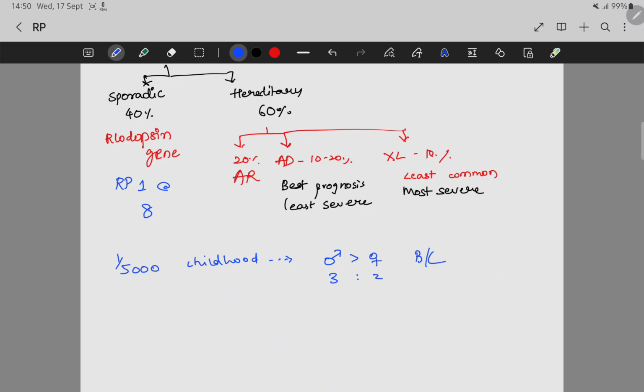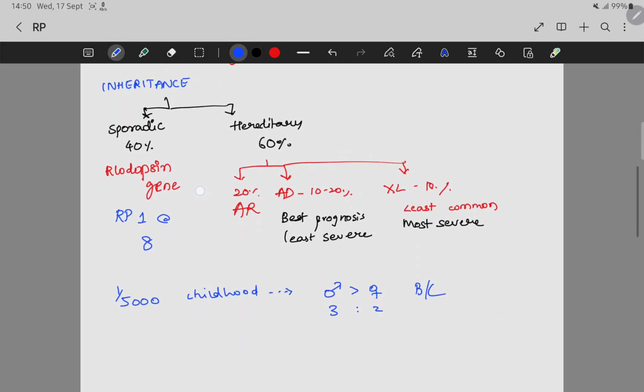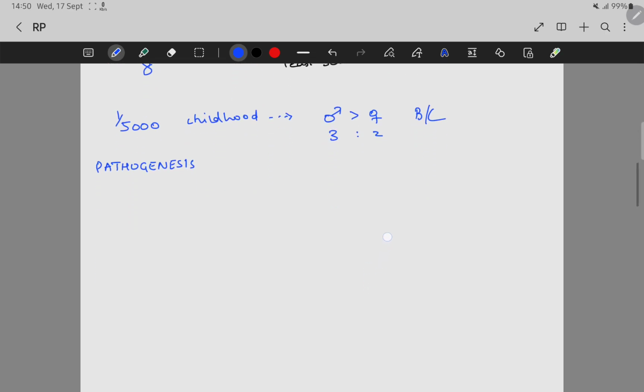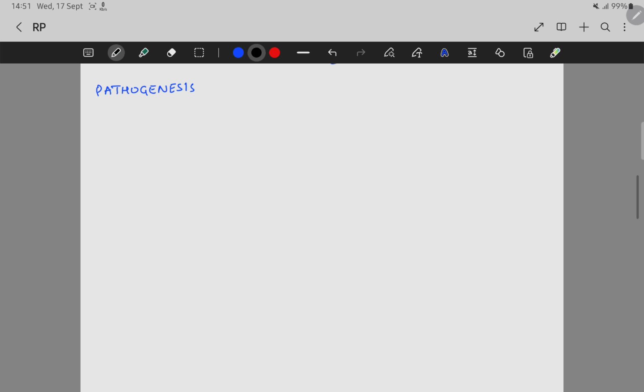Coming to the pathogenesis. We have some theories of pathogenesis. Here we have the theory of abiotrophy.